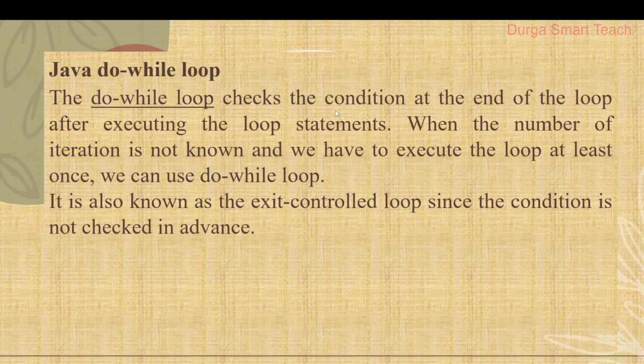The condition is checked at the end of the loop, after executing the loop statements, when the number of iterations is not known and we have to execute the loop at least once. So when we want to execute the statement at least once, then only we can use do while loop. So it is known as exit control loop. Why? Because the condition is not checked at first.